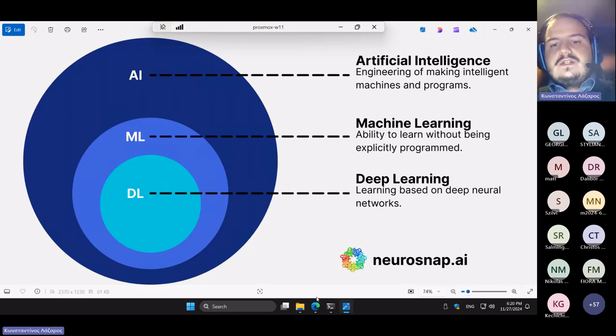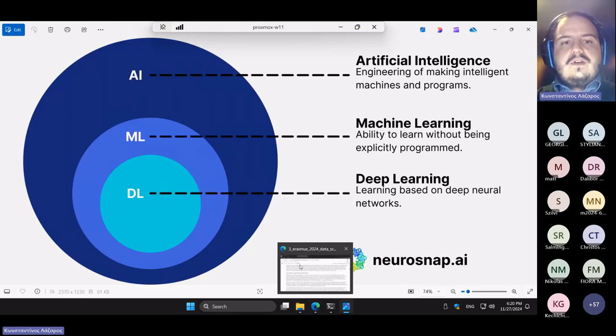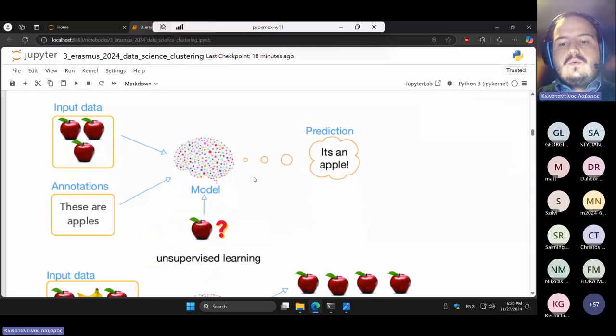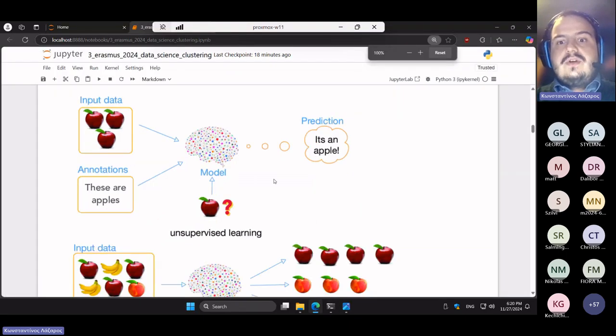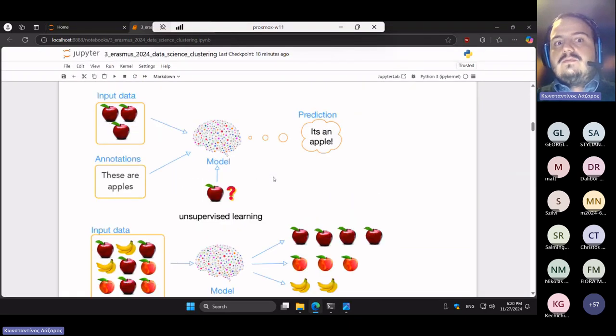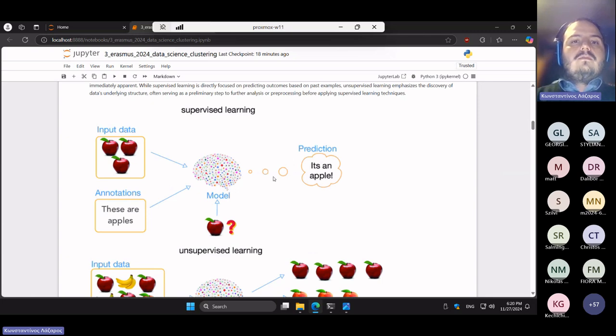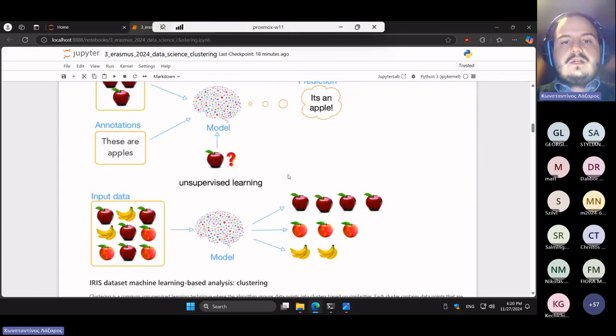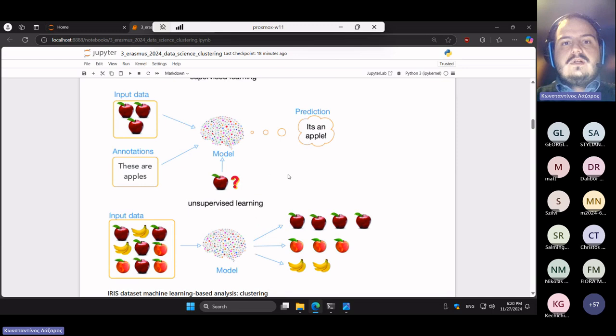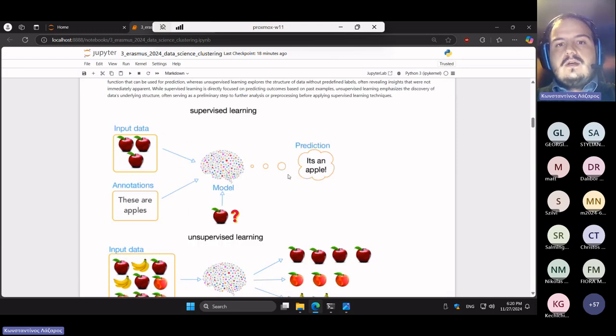Okay, so this is the basic definition of what machine learning is. So what are the categories of machine learning? Let's delve into that for a little bit. So you see here that there are basically two main prevalent categories of machine learning, supervised and unsupervised. There is also a third one, which is called reinforcement learning, but we're not really going to delve into that.